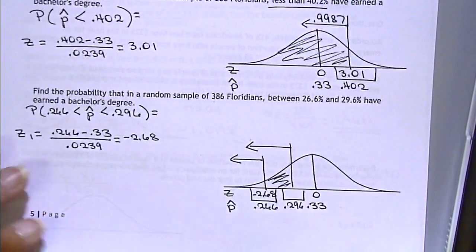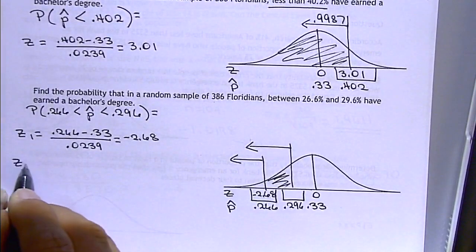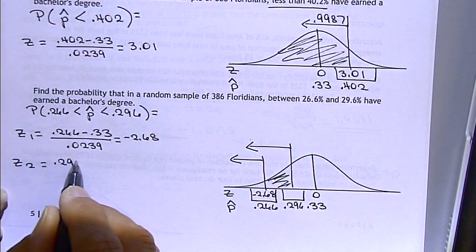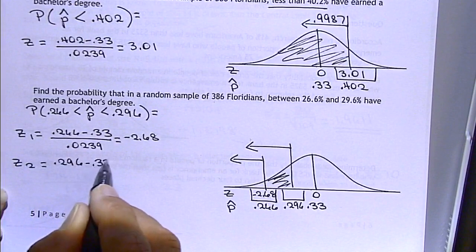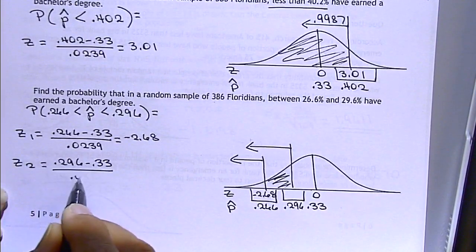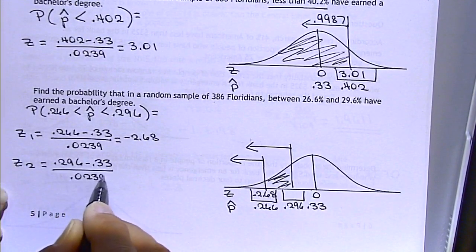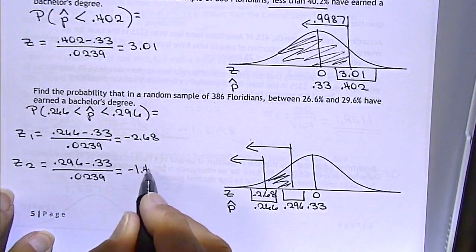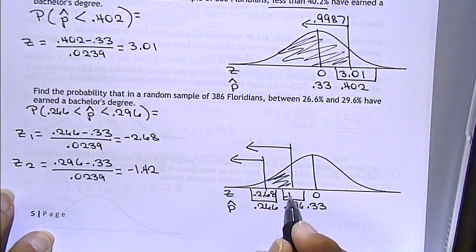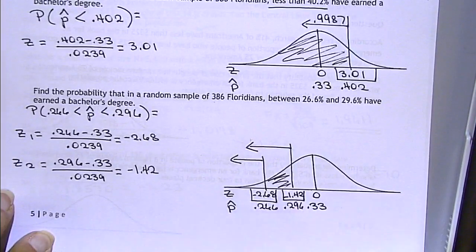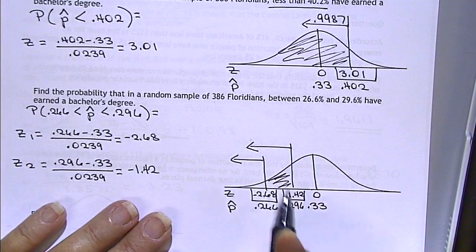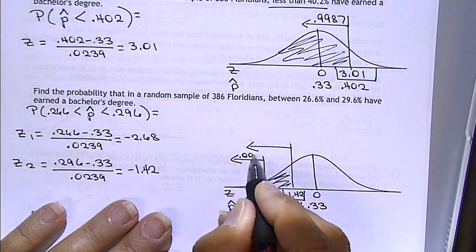Whoops, I'm sorry. Z2, 0.296, sorry, minus 0.33 divided by the same standard deviation. And this time I get a negative 1.42. They're both negative, but that's the way it matches to what I drew, doesn't it? Because when I look up negative 2.68, I'm just going to tell you it's 0.0037.